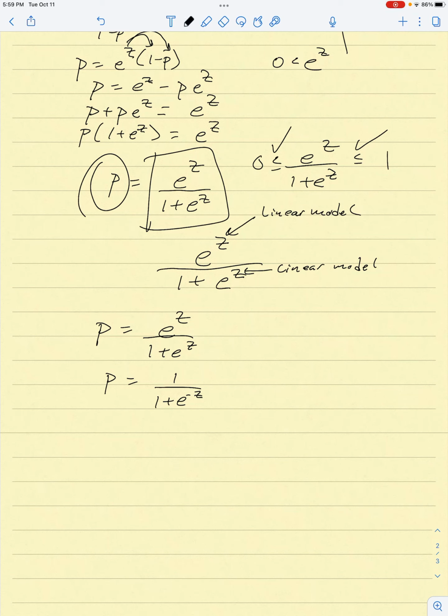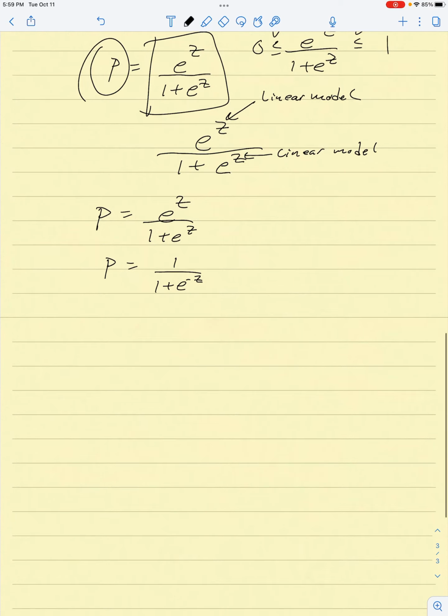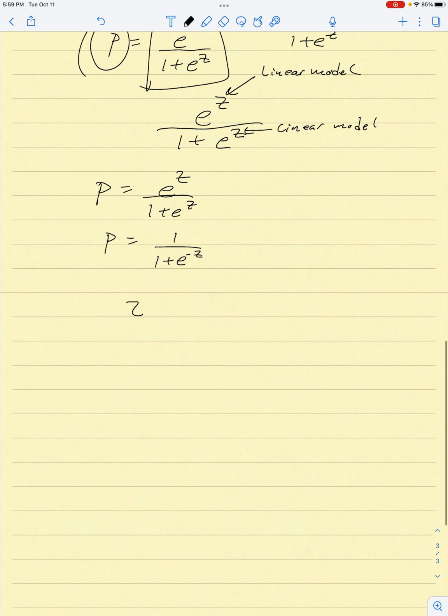Most platforms that have logistic regression already have this transformation done for you, right? It knows that you're doing a logistic regression, and it does all this math for you to calculate the probabilities. And we're going to see some of that in SAS when we get to it. So again, the idea is we start with a linear model, plus on out through beta n xn.